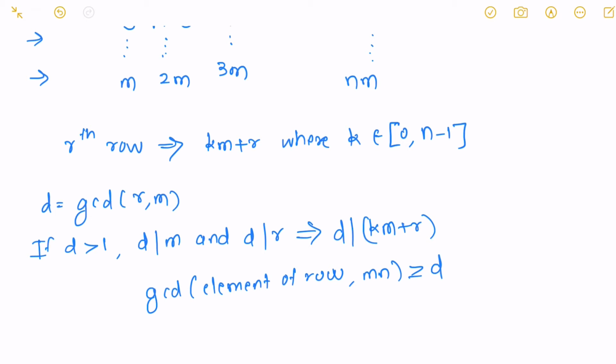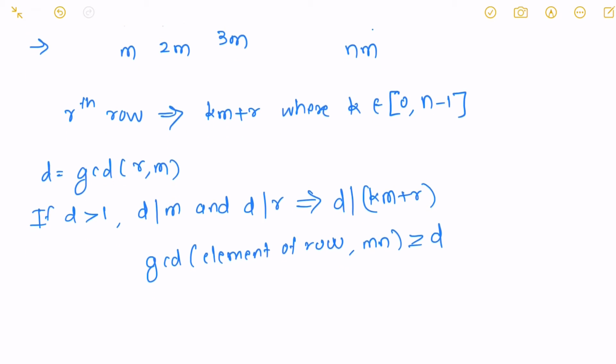So for such a row where GCD of r and m is greater than 1, there won't be any element which is relatively coprime with mn. So we need to ignore such rows.